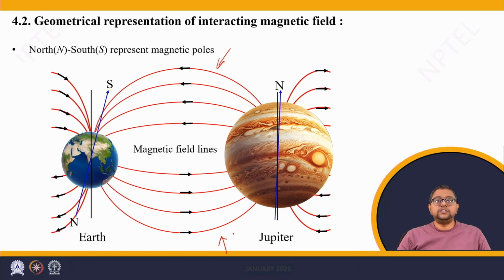Notice that Jupiter's magnetic field has its poles, the north and the south poles, adjacent to the geographical north and south poles of the planet respectively, while for the Earth, the magnetic north and the magnetic south poles are aligned with the opposite poles which are geographically located.